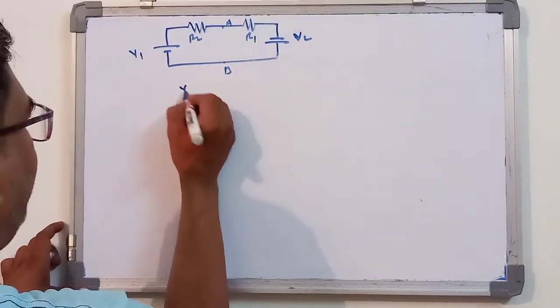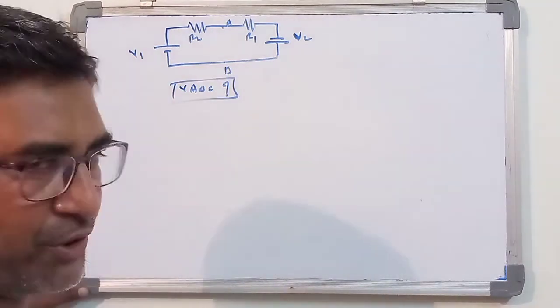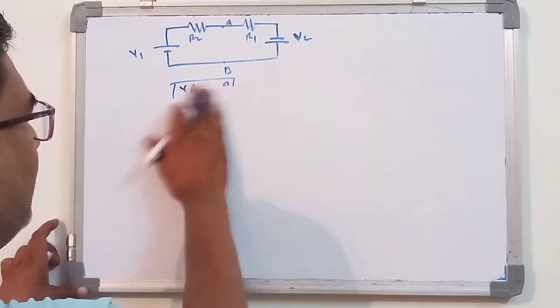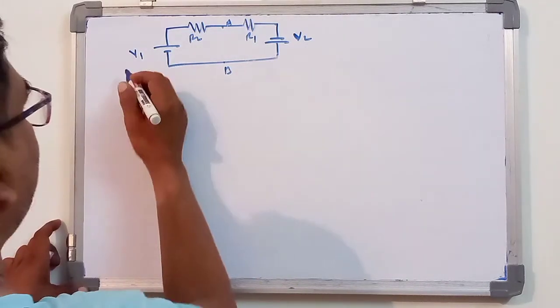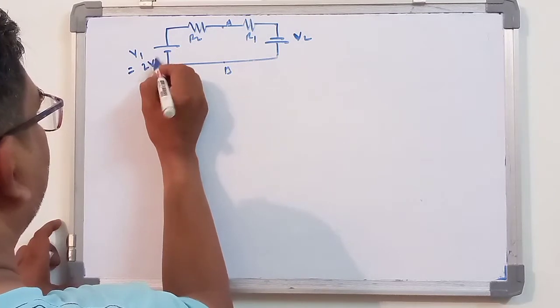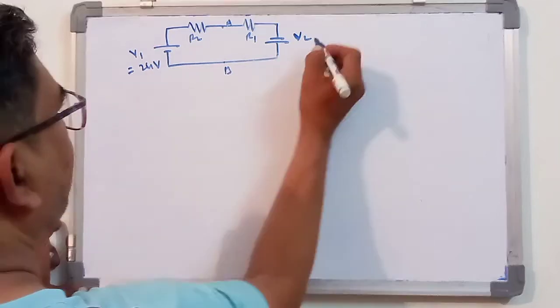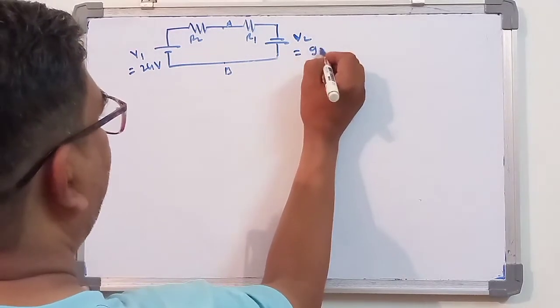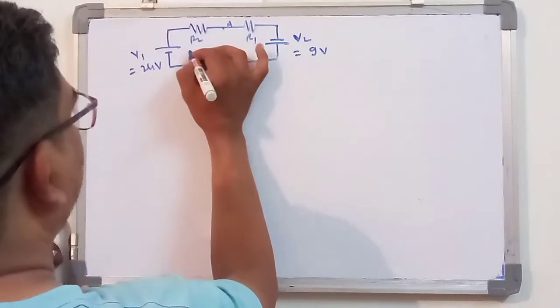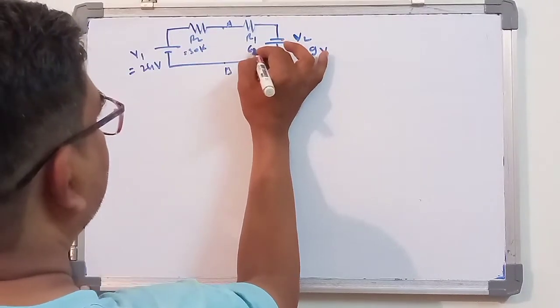Okay, VAB is equal to what? By using the superposition theorem we have to find out the value. What is the value assigned to voltage V1? It is 24 volt. V2 is 9 volt. R2 is 30k. R1 is 60k.